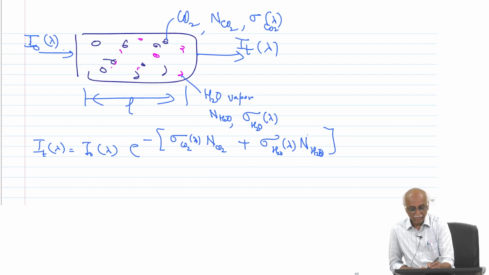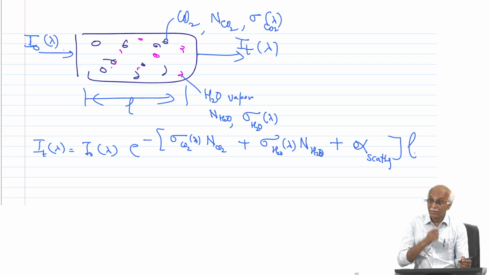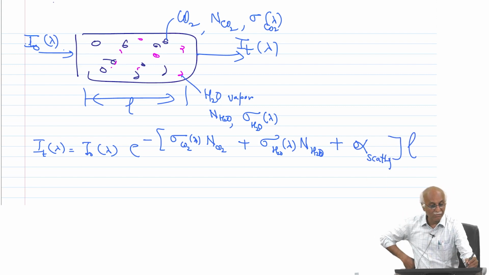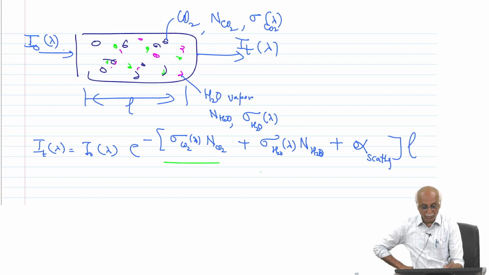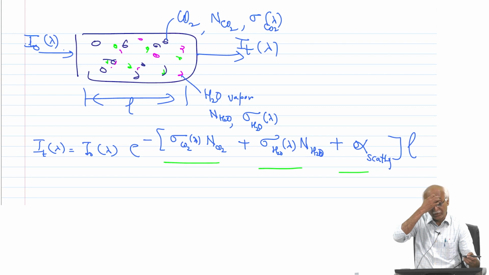So, over and above there is scattering, into, let us say, alpha scattering into L, correct. Some scattering may also happen. There will be aerosol particles, which may also scatter the light. All these combinations will result in some transmission and absorption.